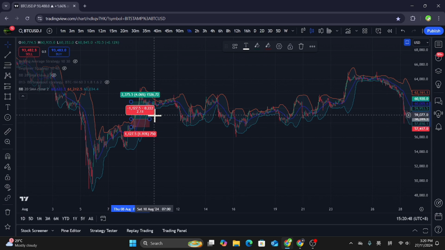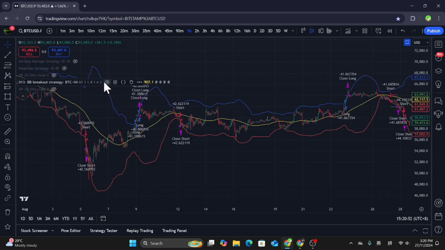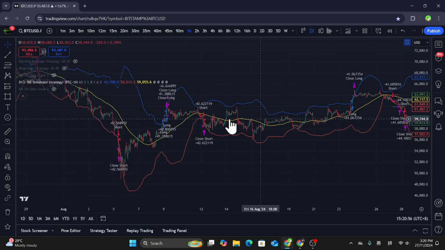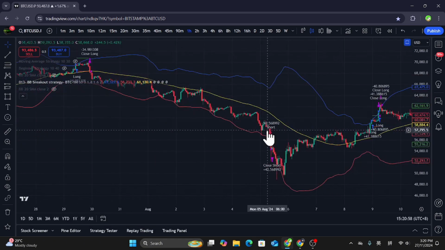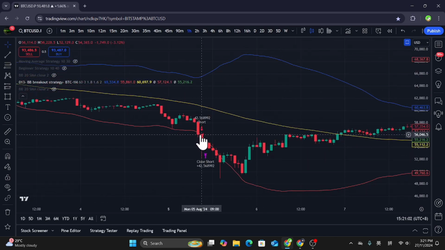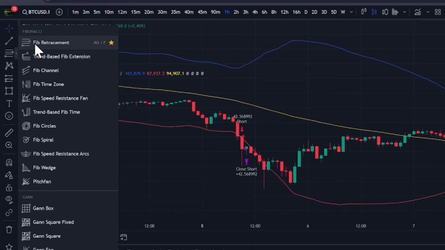After this, I've done a backtest on TradingView regarding the Bollinger Band. You can see here the logic. Once the close price closes below the lower Bollinger Band, I go short, and once it closes above the upper band, I go long. I set a take profit to stop loss ratio of 1 to 1.